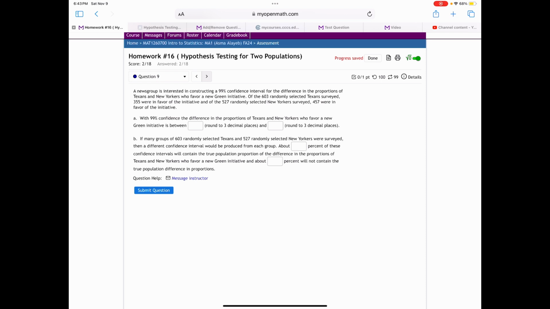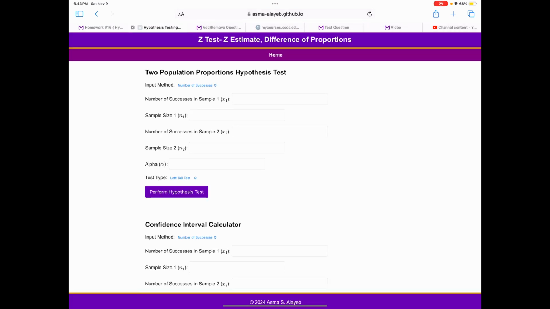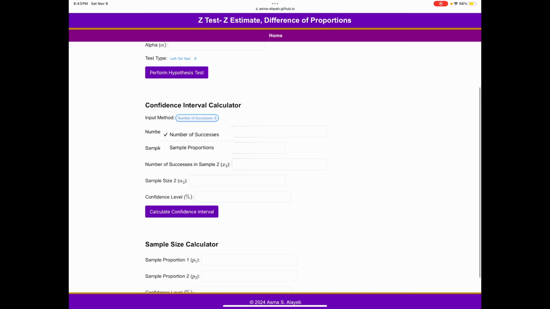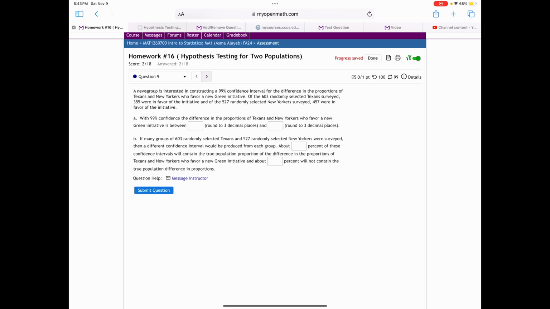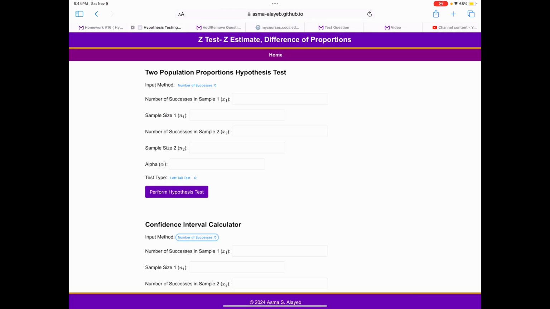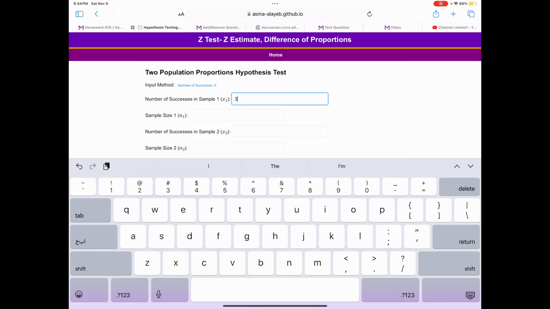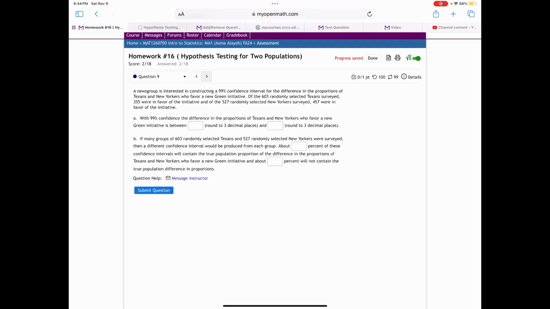So we will go here, and we're going to use the number of successes method because that is what we were given. And again, the number of successes is 355, and the sample size is 603. So 355, 603. Hopefully I did the numbers right.